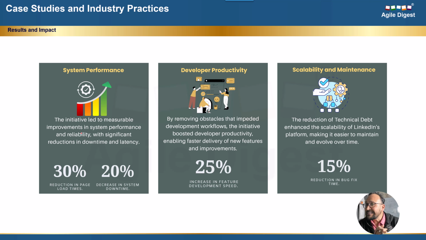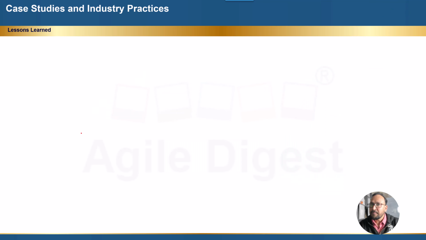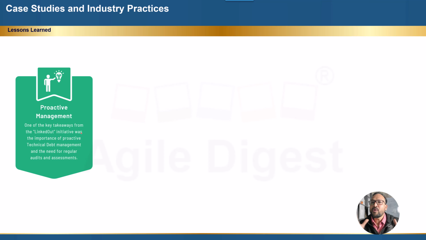So 50% reduction in bug fix time. The impact was profound. A 30% reduction in page load times and a 20% decrease in system downtime marked improvement in system performance. And equally, developers' productivity surged with a notable increase in feature development speed and reduced bug fix time.